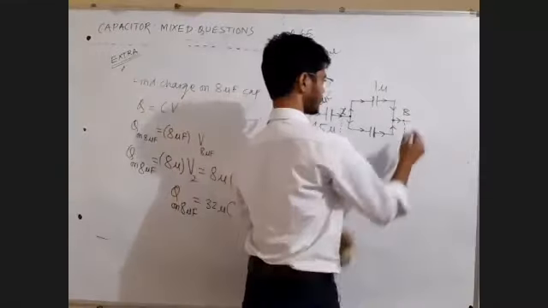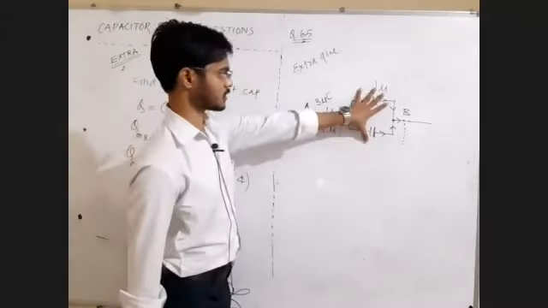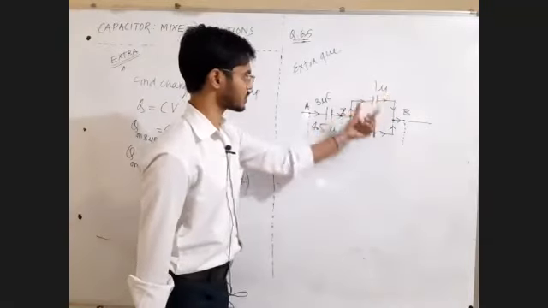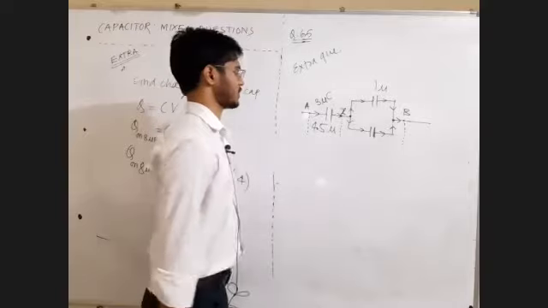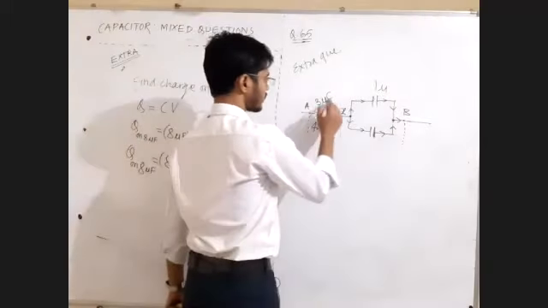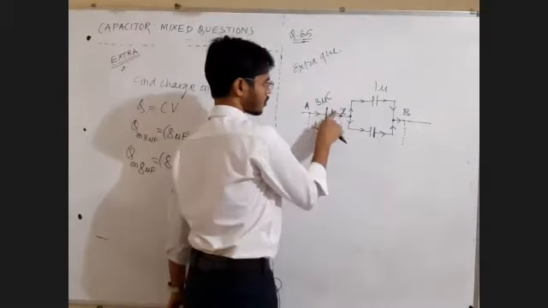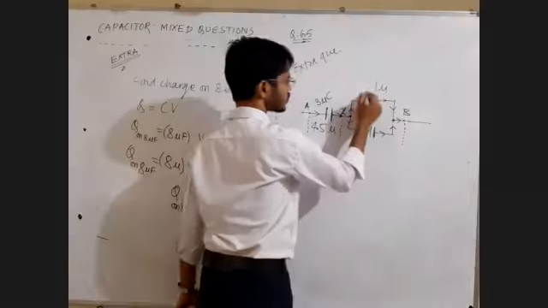But what is given is a series combination of this and this, and a parallel combination of these two. The effective of these two capacitors will be in series with this capacitor. Charge on this capacitor is given to you. On this plate plus 3 micro, here minus 3 micro, here some plus charge, let's say plus Q1.